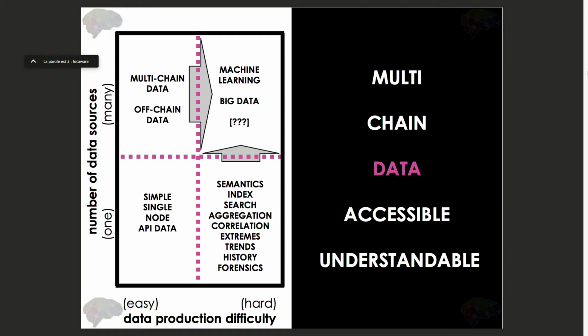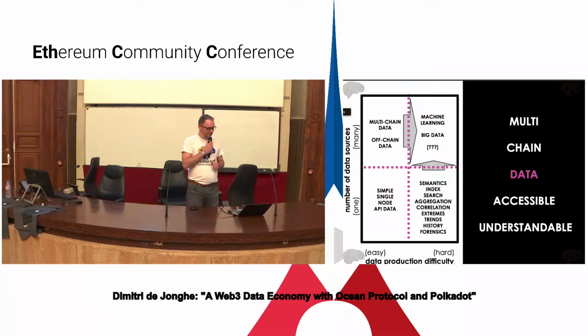There's some data you can easily get out of nodes, but lots of the interesting stuff is really hard to get out of nodes, especially if you want to search for what's happening on a blockchain, or go into some sort of aggregation, statistics or correlations, or get the full history. Then not only the configuration of your node is important, but you get into what block explorers came to be.